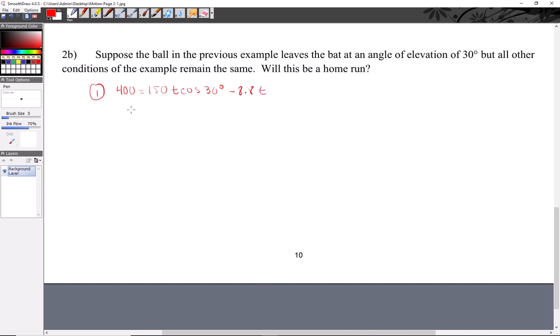All right, so you just factor out the t. Just like before, you can look in your notes and see how we did it when it was 20 degrees. So 150 cosine 30 degrees minus 8.8, and then just divide out this big chunk of stuff. Do it to both sides, and you should get your time.